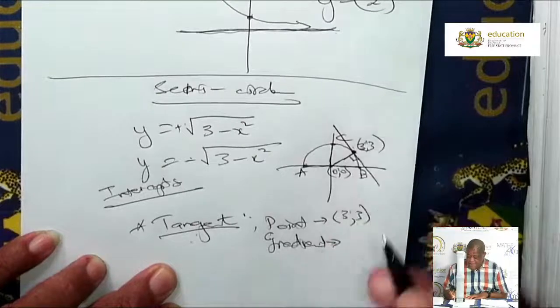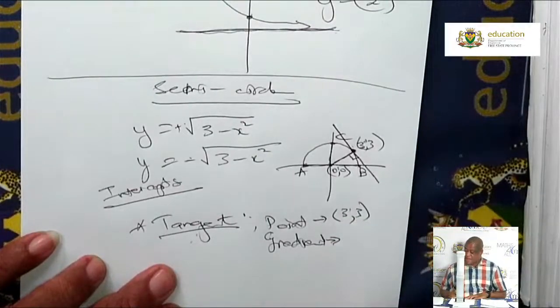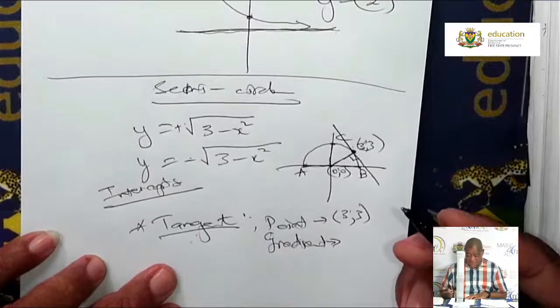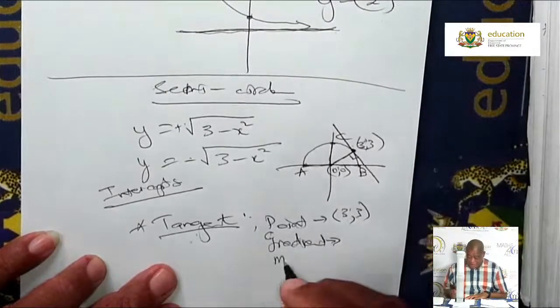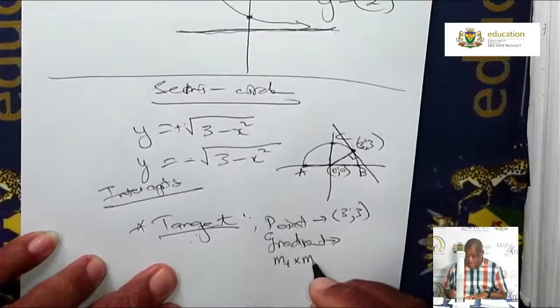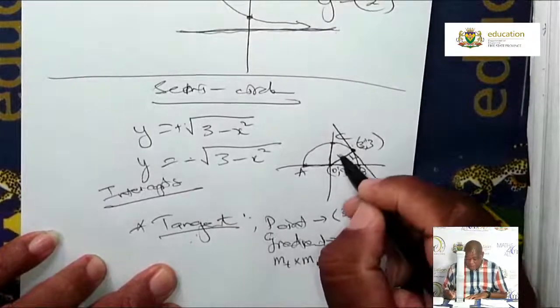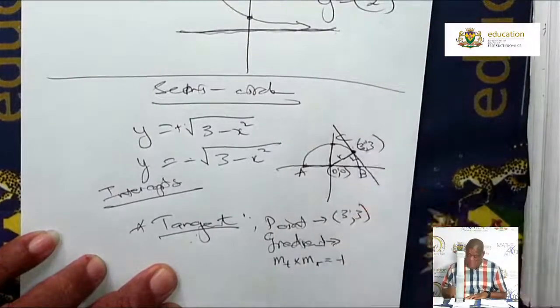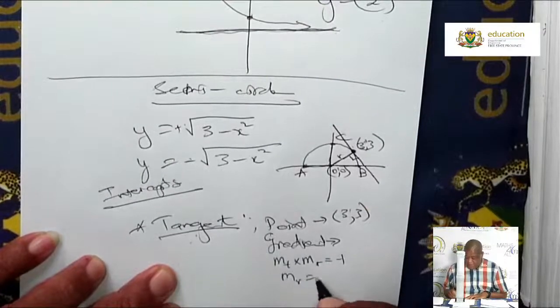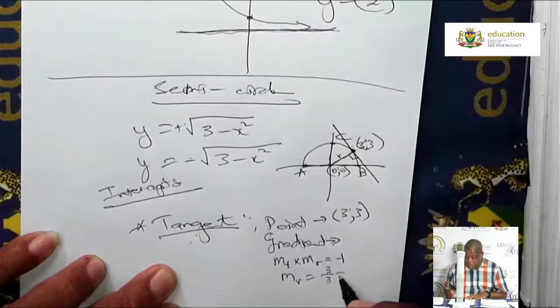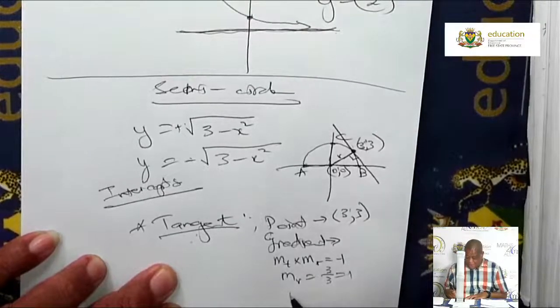The understanding is that it will be giving an angle of 90 degrees, so they are perpendicular. By virtue of being perpendicular, the gradient of the tangent multiplied by the gradient of the radius will always give us -1. Find the gradient of the radius, it's easy to get: it's going to be 3 over 3, which is equal to 1. Therefore, the gradient of the tangent will be -1.